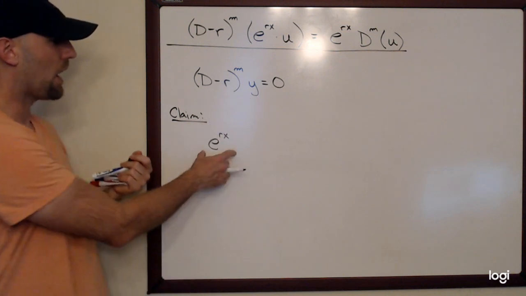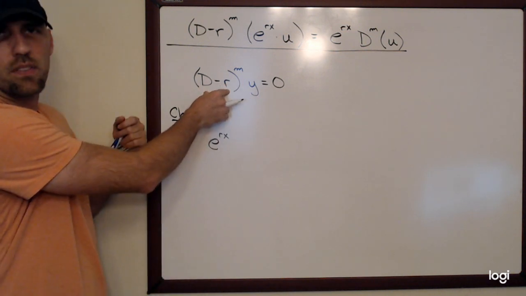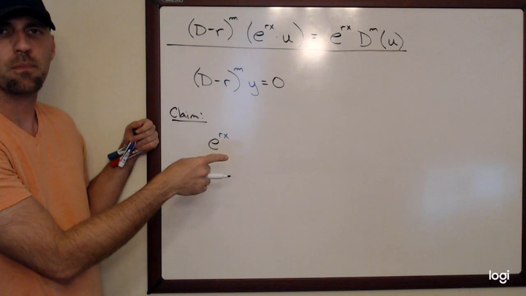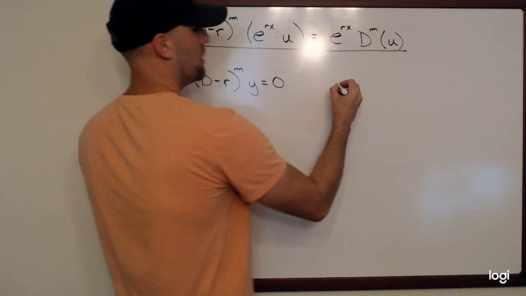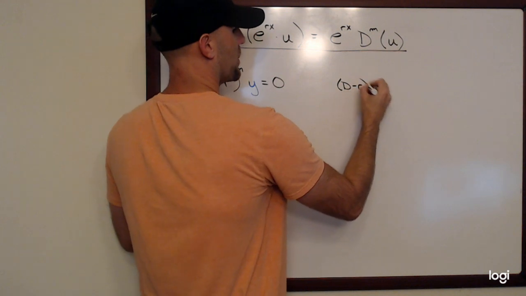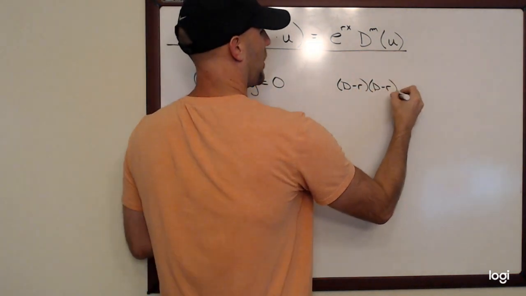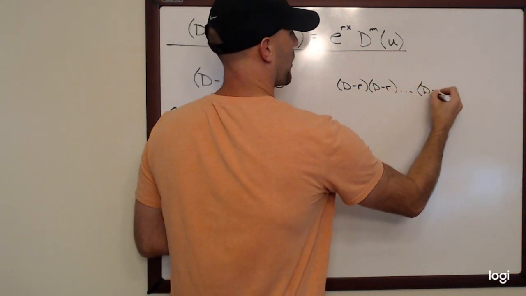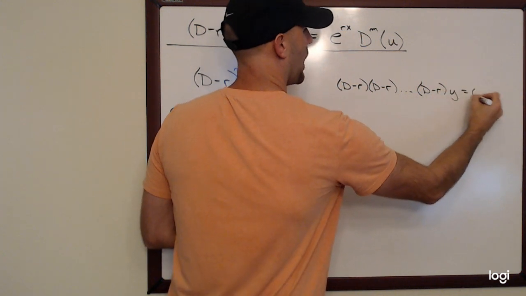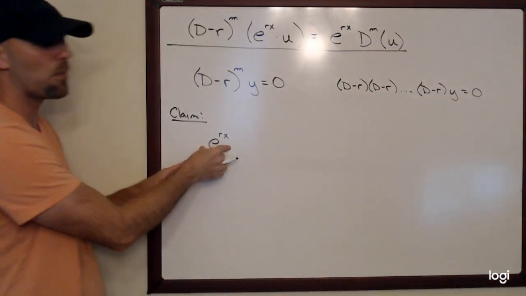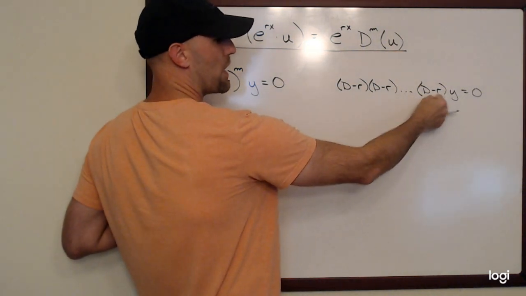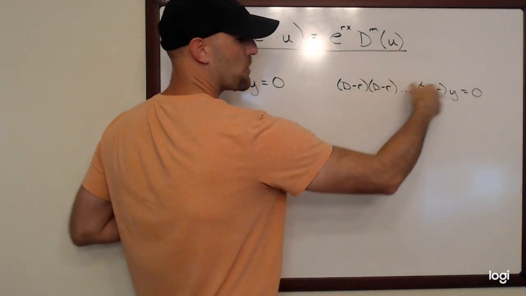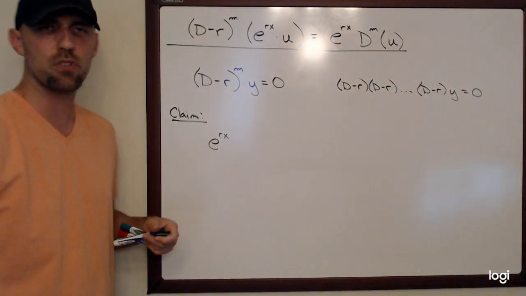Isn't e to the rx in the kernel of d minus r? So if I wrote d minus r, however many d minus r's I have, applied to y, from what we did originally, this is in the kernel of this first linear transformation, so that'll be 0. And then every transformation applied to that afterwards is going to map 0 to 0.